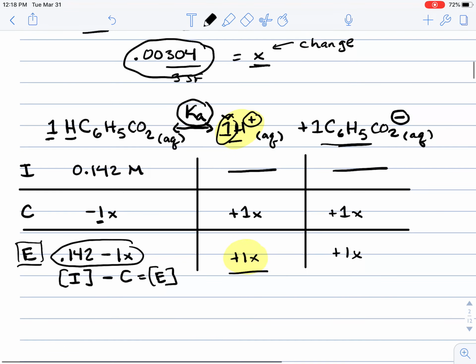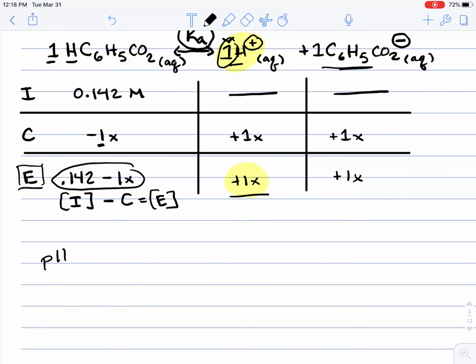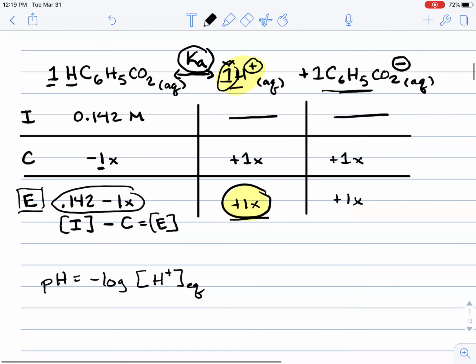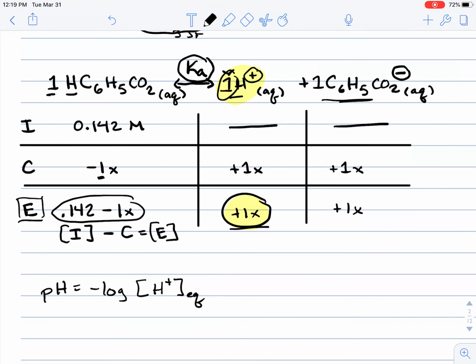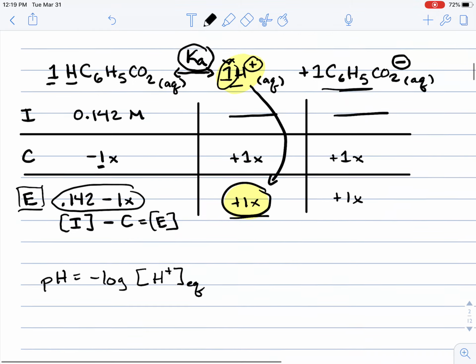And the pH can be calculated by using this formula: pH is equal to negative log of the concentration of H plus, specifically at equilibrium. So really the only thing that we care about is this one in yellow. Notice that the expression for the equilibrium concentration of hydrogen is just plus 1x, or just x. And therefore this value also represents the equilibrium concentration of hydrogen ion.